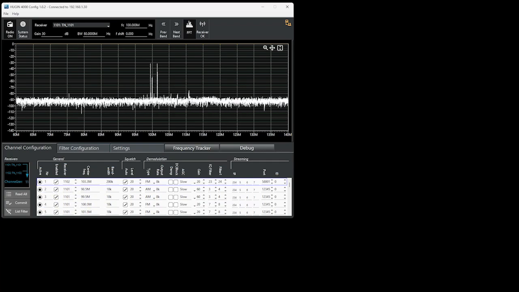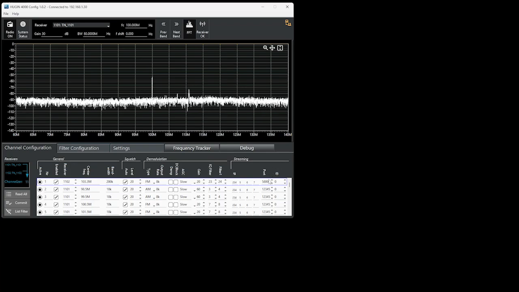Now we've got two receivers, or two tuners, that are set. One is 1102, one is 1101. In this case, 1102 is connected to an antenna, and 1101 is connected to my vector signal transceiver for picking up our test signals. We can set various aspects of the signals here, such as the center frequency, the bandwidth, the squelch level, the modulation scheme, and importantly, the streaming, so the IP address that we want to stream any of these signals to.